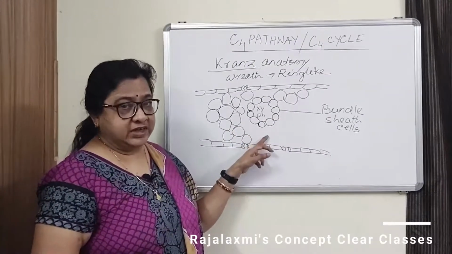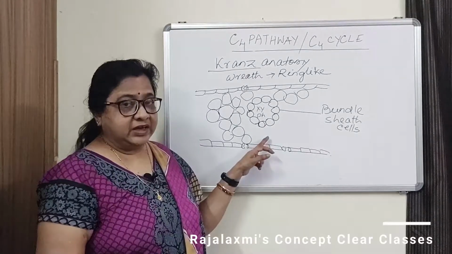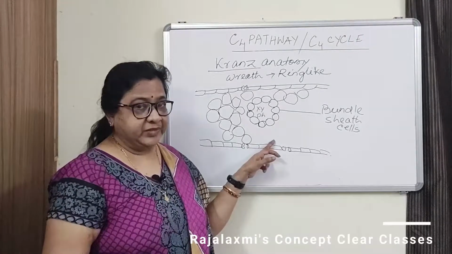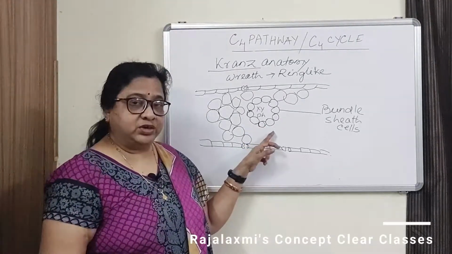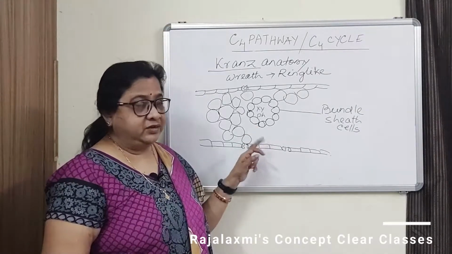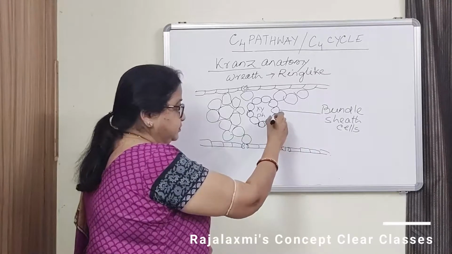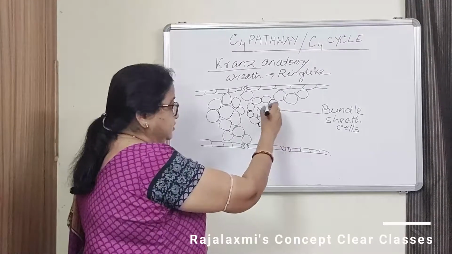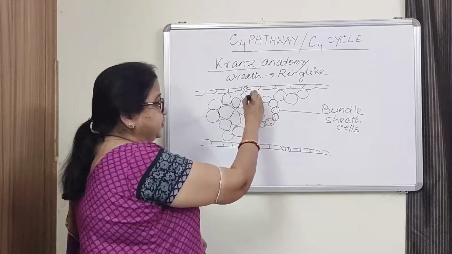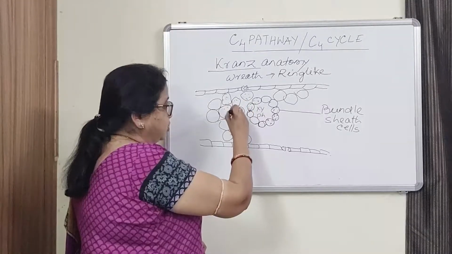These bundle sheath cells are thick walled, so they are impervious to gaseous exchange, and they are without intercellular spaces, and they contain chloroplasts. Also the mesophyll cells contain chloroplasts.